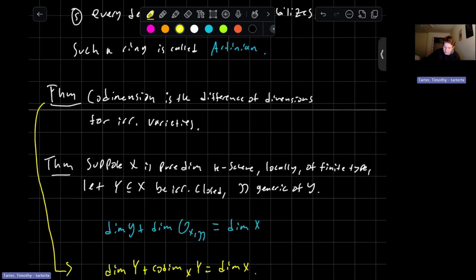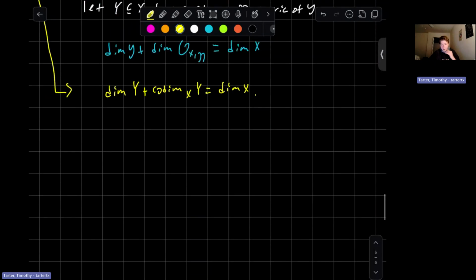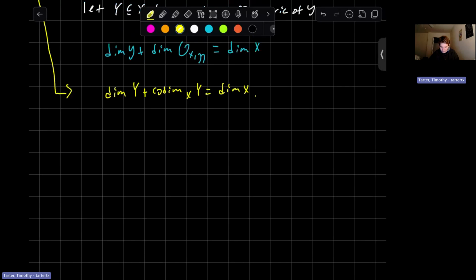Okay, this seems like something that maybe is worth proving later. I'm going to actually flag this in my book. Do later. I think if I try it right now, I will be overwhelmed and do badly.